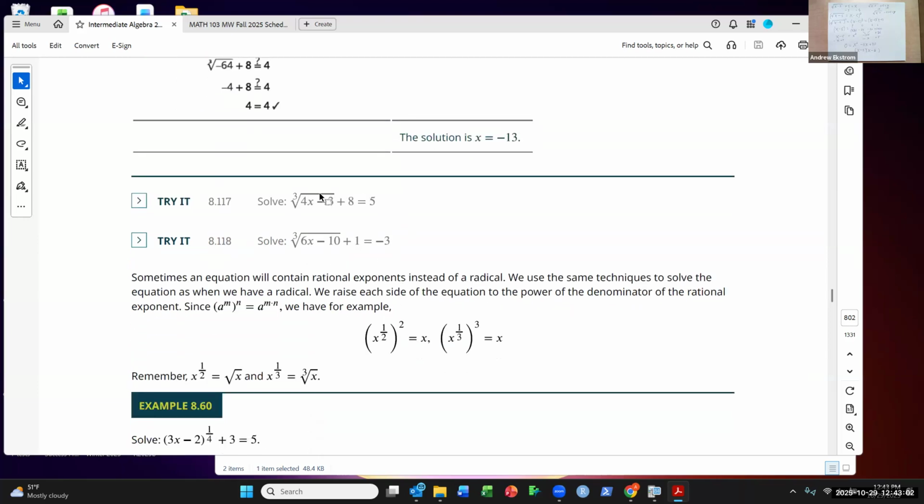So we take a look at what we've got here. Just going to run through 117. So again, we've got a cubed root of 4x minus 3 plus 8. Then I'm saying that equals 5.